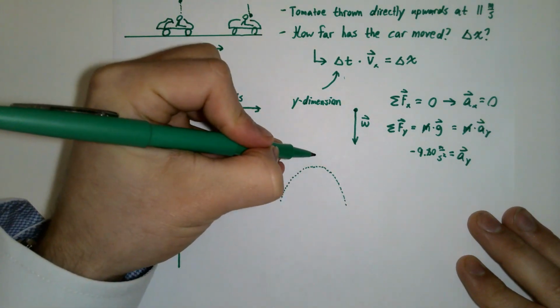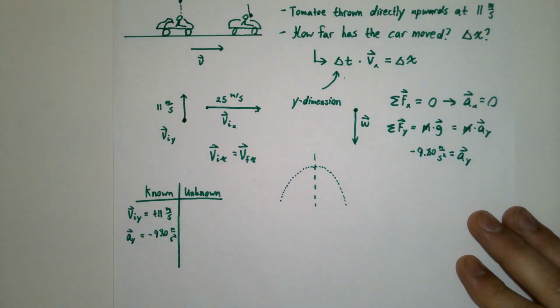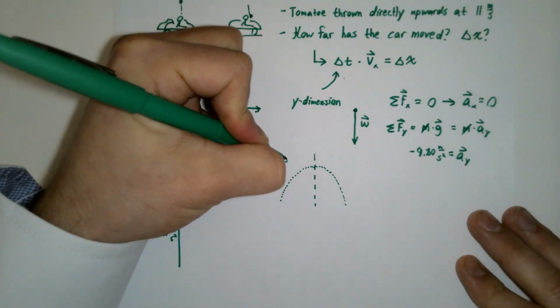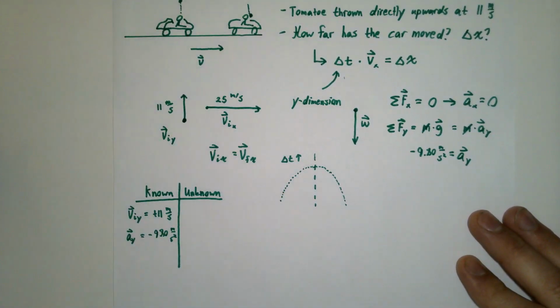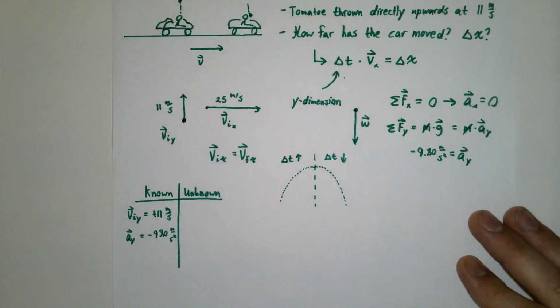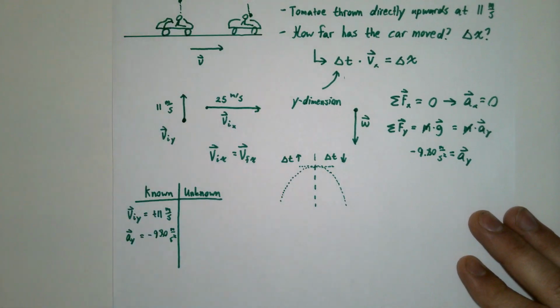The first half of this tomato's motion is symmetric to the second half. We've said before that time up is equivalent to time down. We also know that at this maximum height, the velocity of our object in the y dimension is 0.